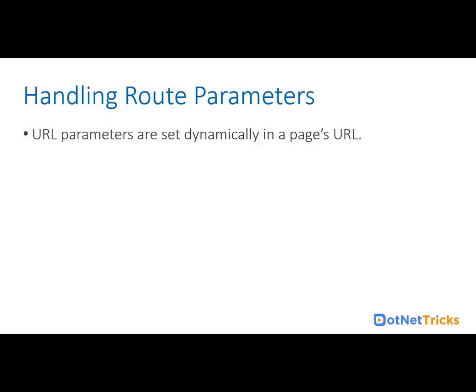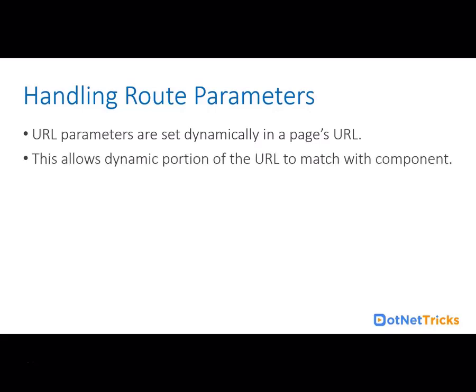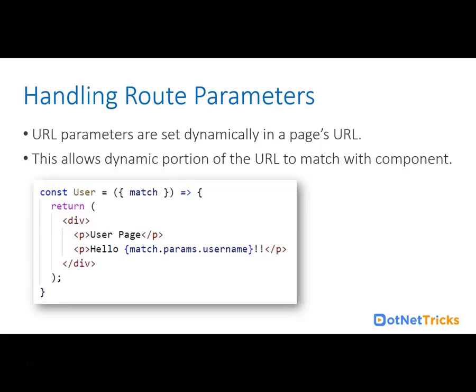Usually there are some variables which are part of the path name used to pass some information between different routes of an application. So how do we capture these variables and pass them to components, we will understand in this session. This allows us some dynamic changes to the path, and this is a small demonstration of how we can match the URL parameters in our component.